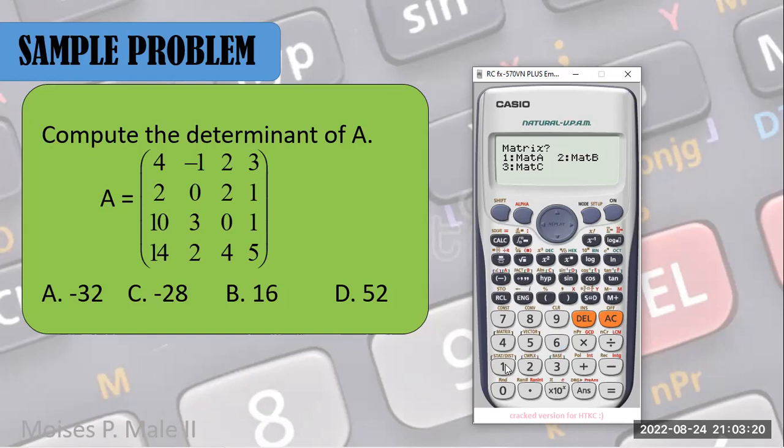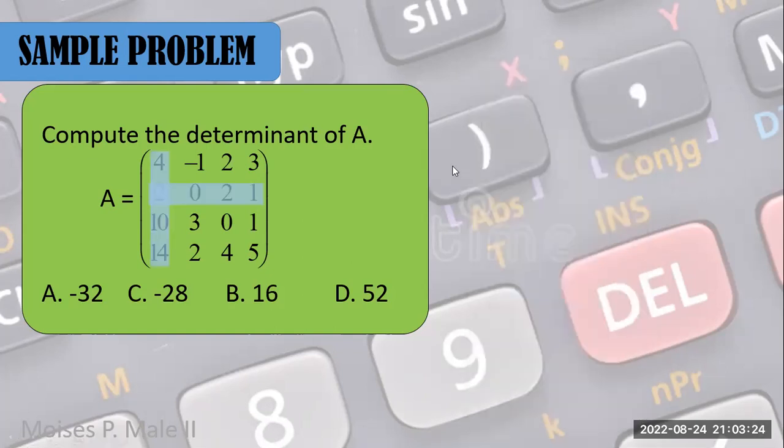Let's try this row. Okay, so first column, second row. Okay, so take note, yung natira is yun yung i-input nyo. Okay, so yun yung input nyo.